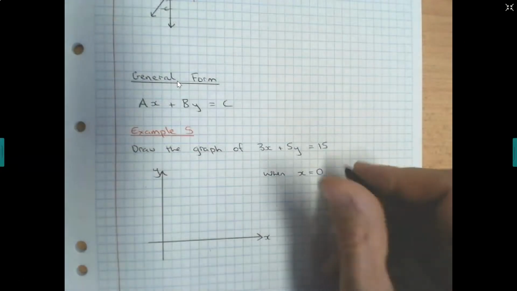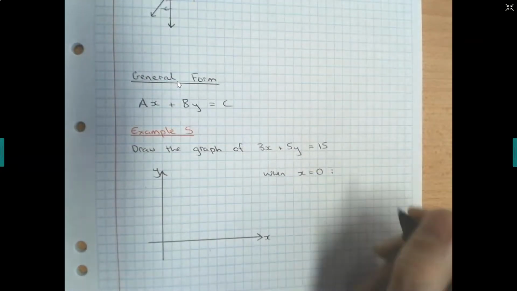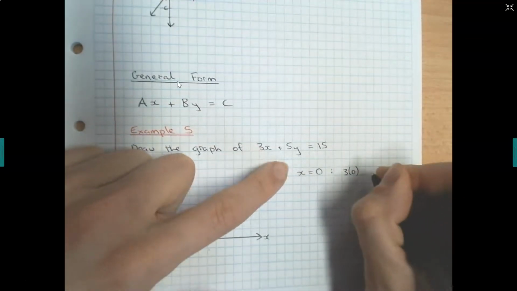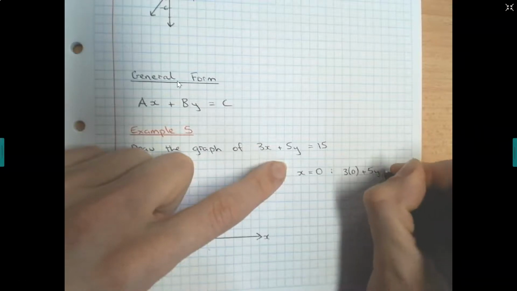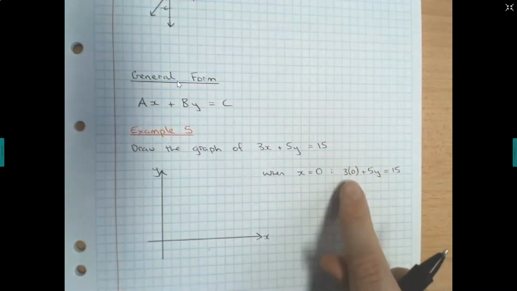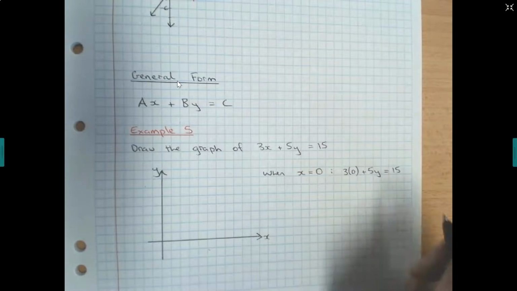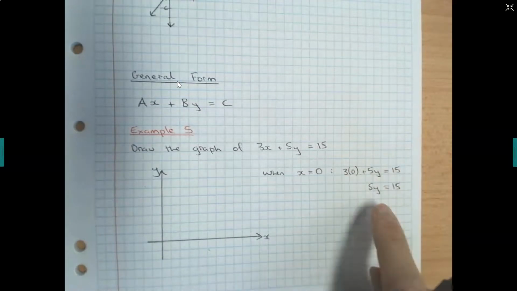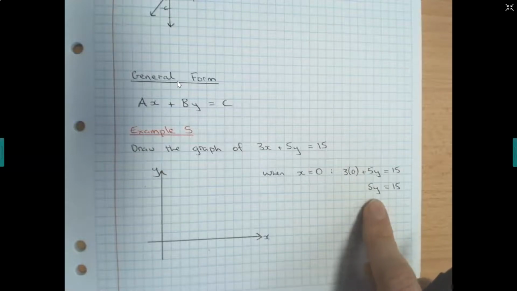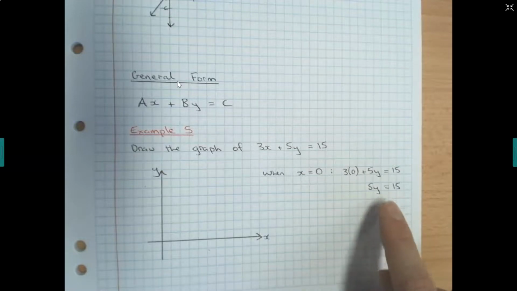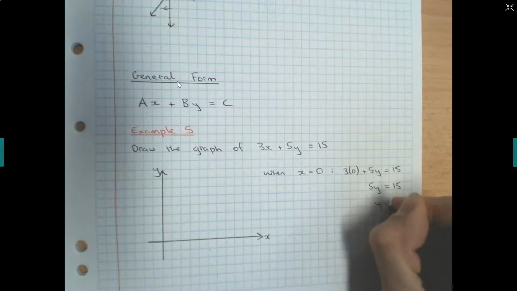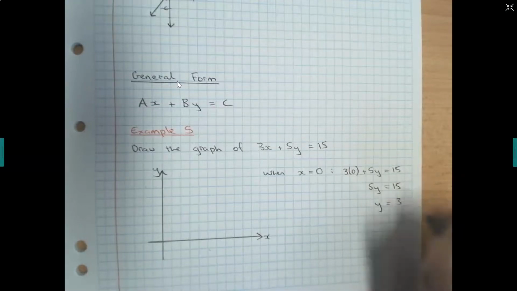So if I substitute x equals 0 into this equation, I'm going to have 3 times 0 plus 5y is equal to 15. Now 3 times 0 is just 0, so I'm left with 5y is equal to 15. And then if I want to get the y all by itself, I just need to divide both sides by 5, so I'll be left with y is equal to 3.